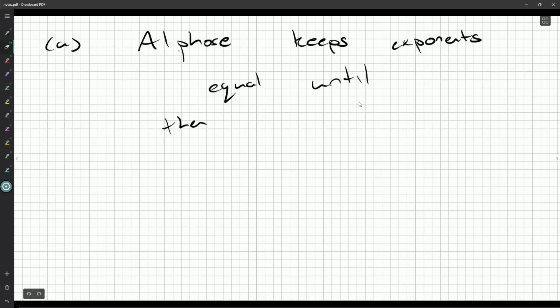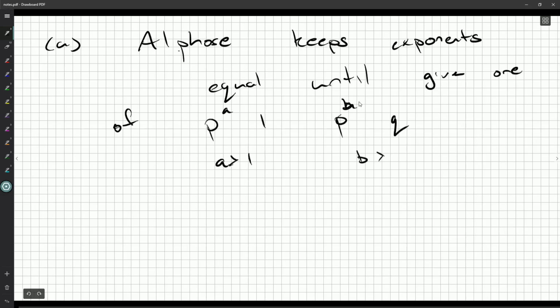So he keeps the exponents equal until given one of p to the a, p to the b, with b greater than or equal to 1. Actually, you could never be given that.